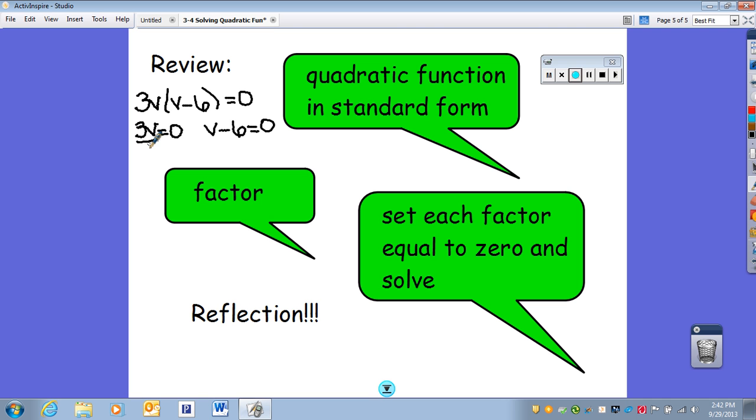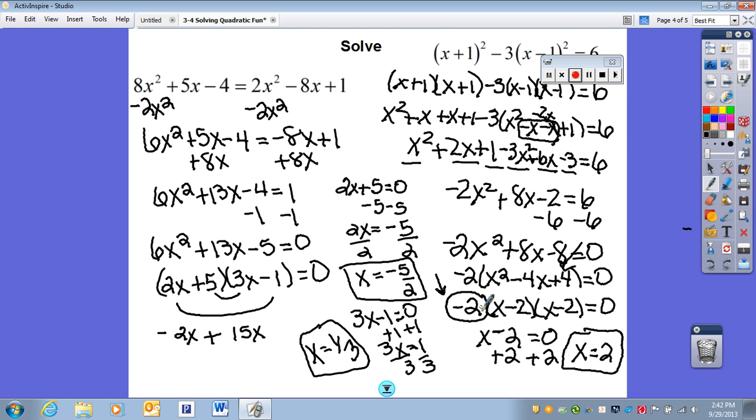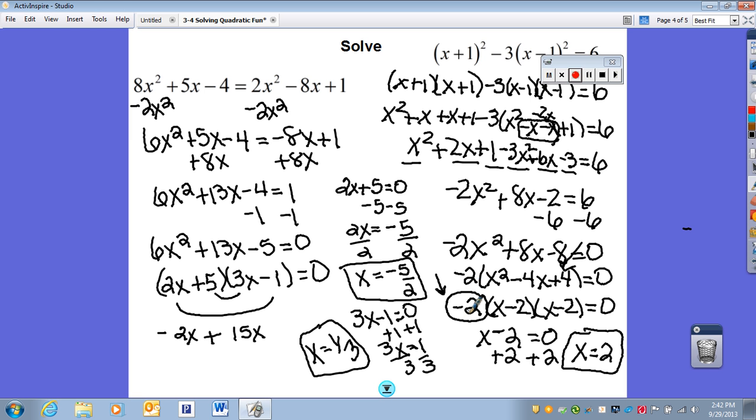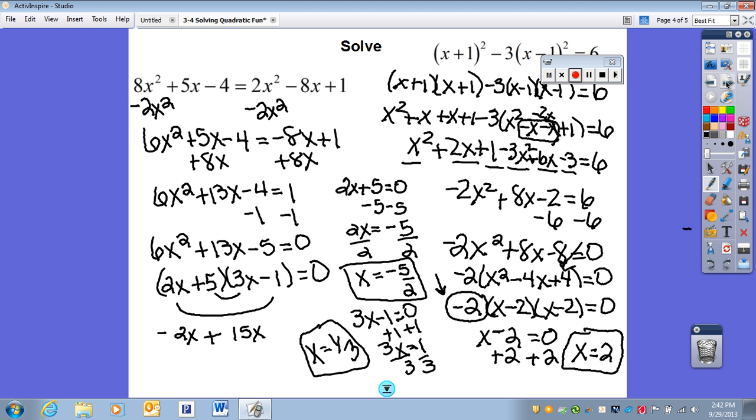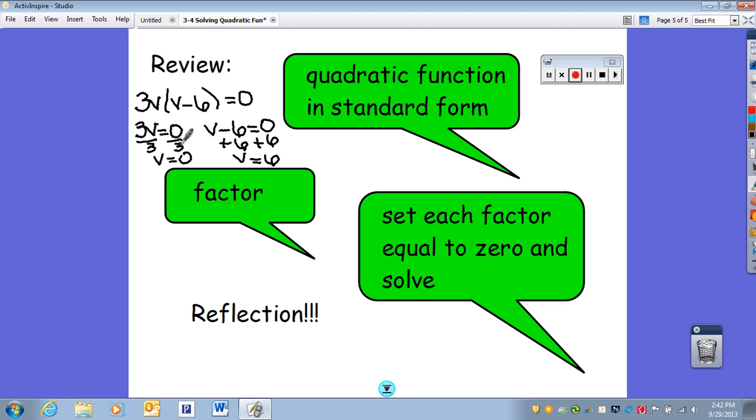So in this case, when I would divide both by 3, one of my solutions would be v is equal to 0, and one of the solutions would be v is equal to 6. So unlike the previous slide, where my leading coefficient was just a constant or a number value, in this case you would need to set that factor equal to 0 if it is a variable.